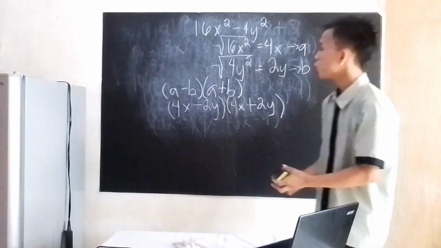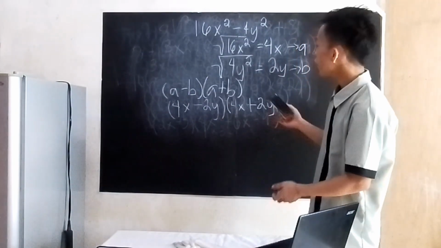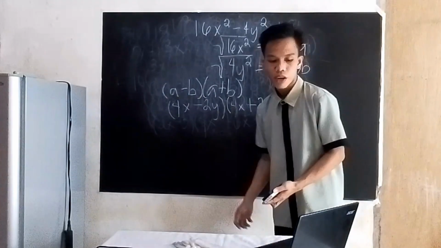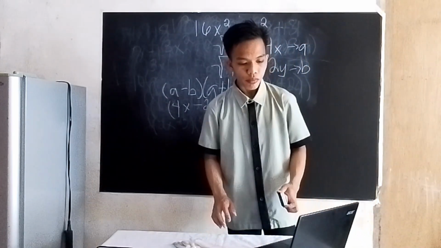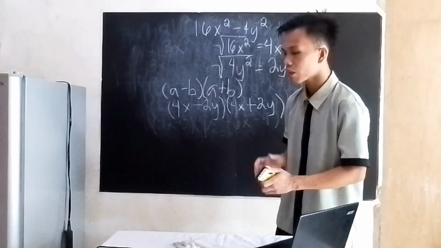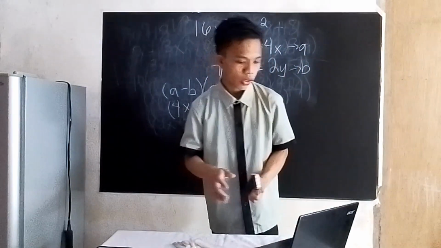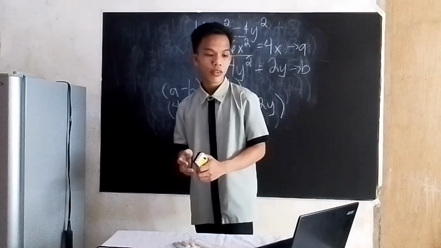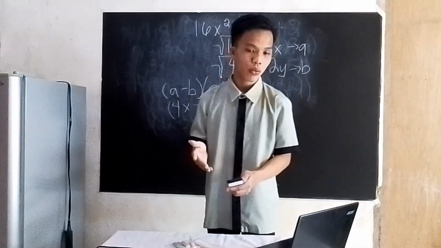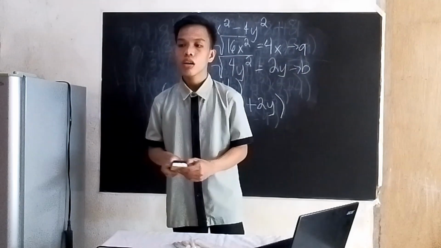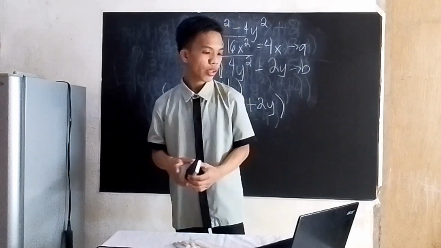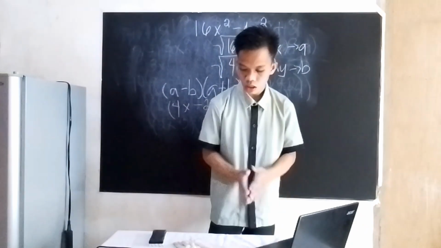Okay, so we are done now with the 4 types of factoring. Let's have a summary first. Again, what we have discussed today: that's right, factoring polynomials. What are the 4 types of factoring?